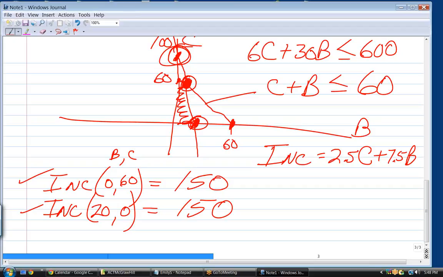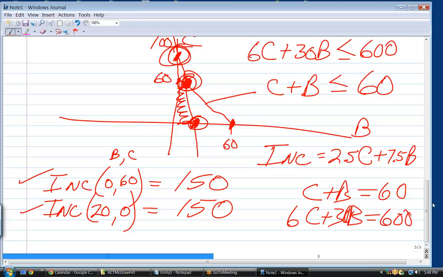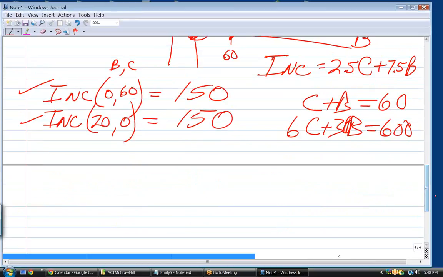What is this point right there? That is, let's see, if I had C plus B equals 60 and 6C plus 30B equals 600, and I solve that by elimination to find out what that C and B point is, then I'm going to multiply the top equation by -3.